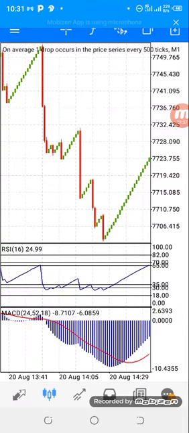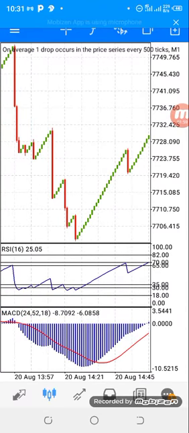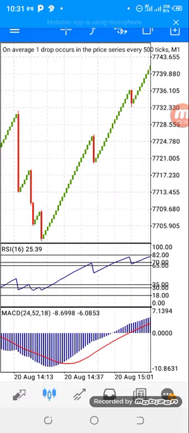The first thing you need to check is your MACD. When trading Crash 500, your MACD bars must be below zero level. If you are trading Boom 500 or 1000, your MACD bars must be above zero level.